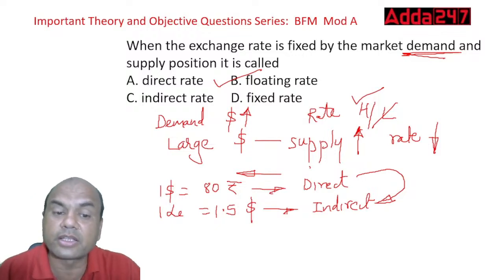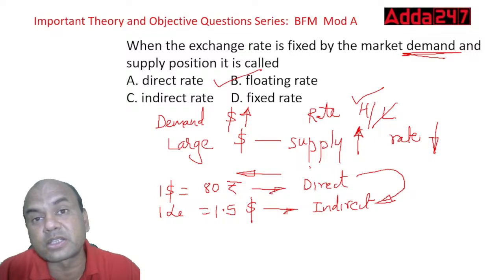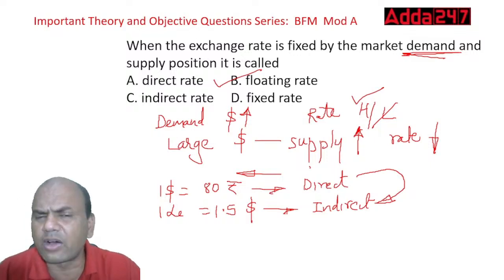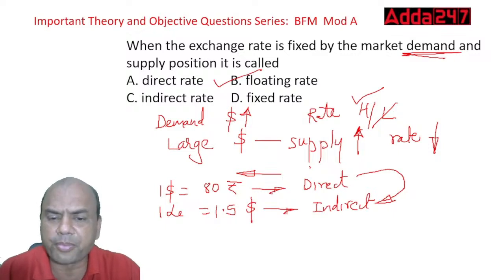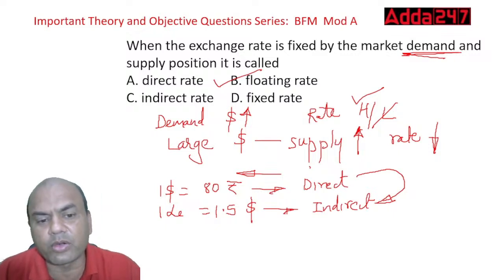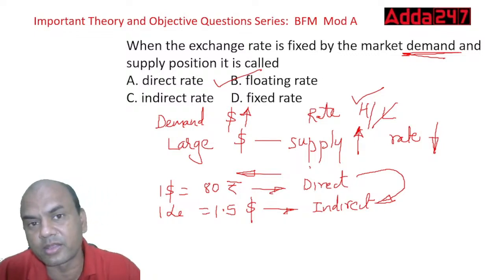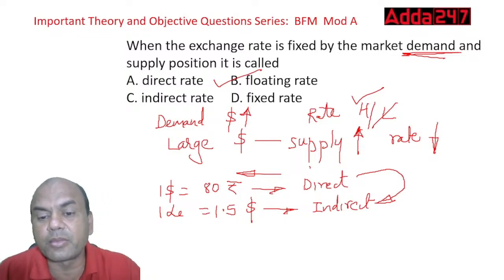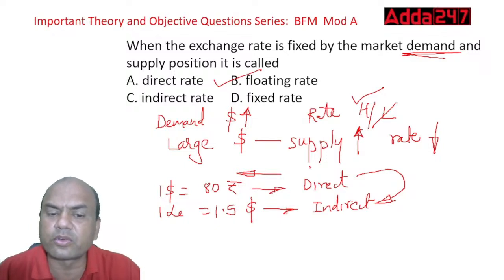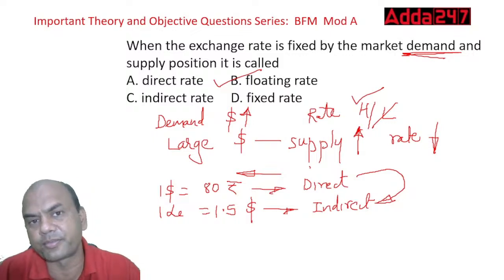Still they have this indirect rate, because these rates were fixed long back. That's why they are still prevailing. Within a few years this will go. This won't remain for long. If the country is not growing, will this indirect rate remain? No. The US will say forget this, make the pound also a direct rate.